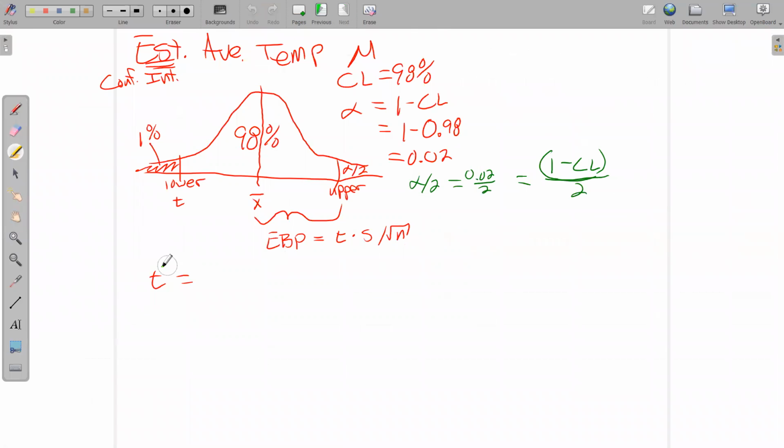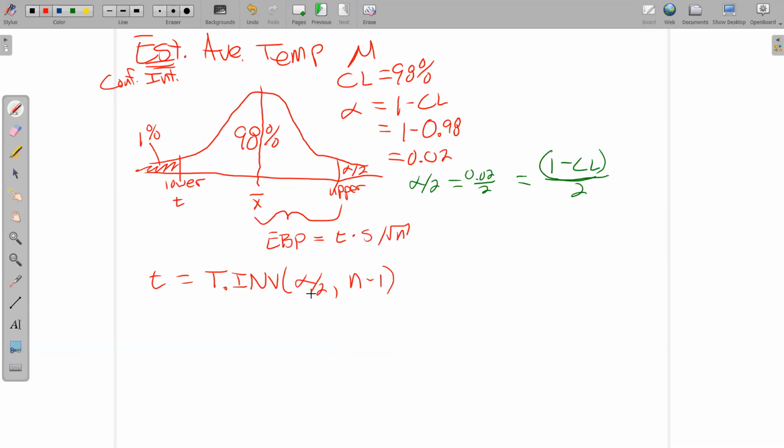Next. Okay, so to calculate the t here, I'm going to use the t.inv formula. The T.INV wants to know what's that tail probability. So that's my alpha over 2 value. And then it wants to know what's the sample size minus 1.